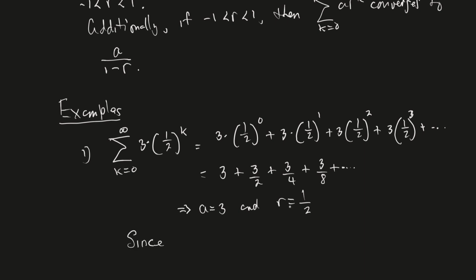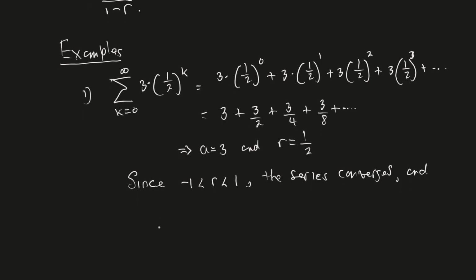Since our common ratio is between plus and minus 1, we have our nice proper fraction here, the series must converge. So the series converges. And not only does it converge, we can say what it converges to.